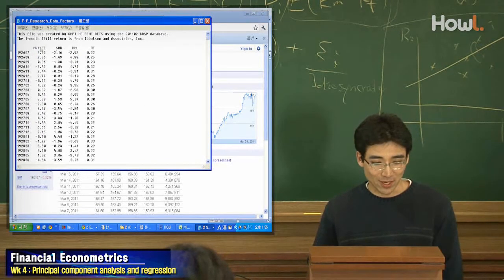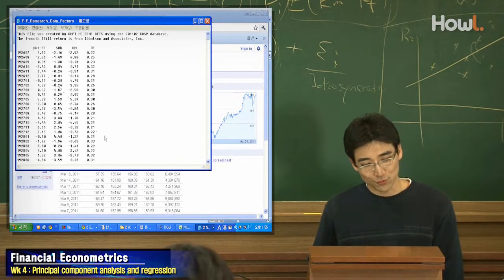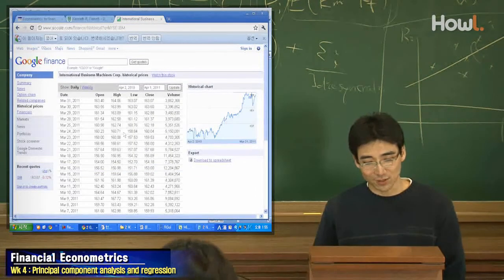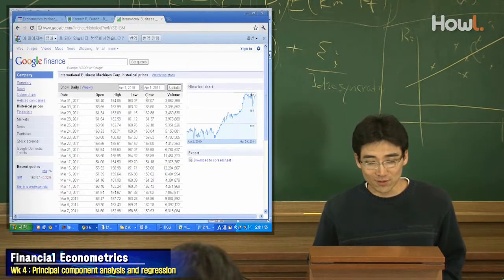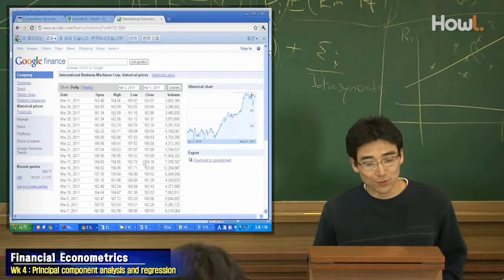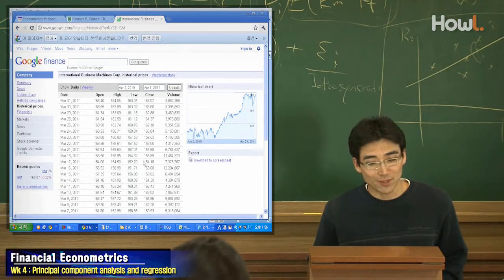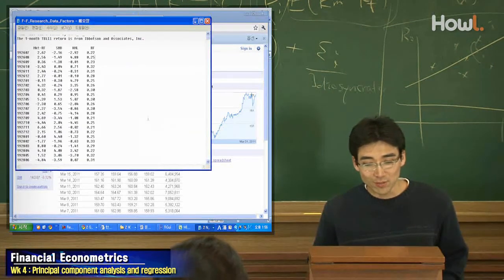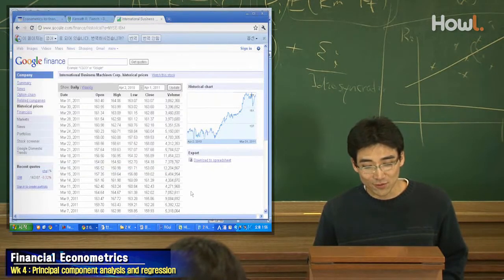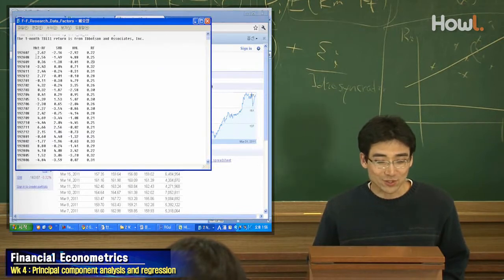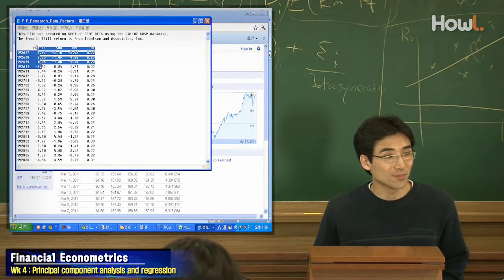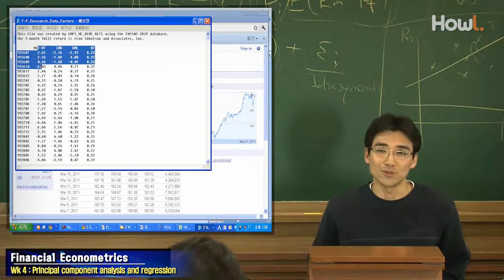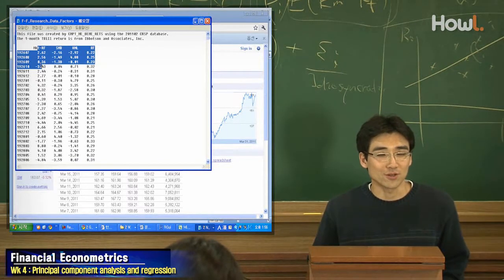And then you have this market premium, and you also have the risk-free rate. So first, given the prices, you calculate the return of IBM or whatever you want, subtract the risk-free rate from the return, and run the regression between that excess return and the market premium. That's homework number 1: estimating the capital asset pricing model.